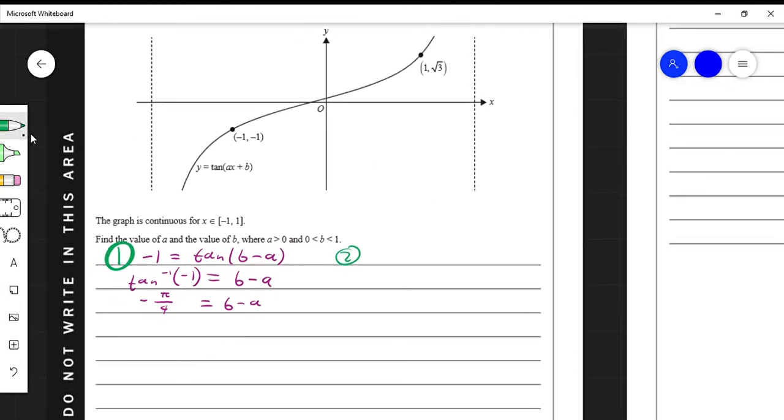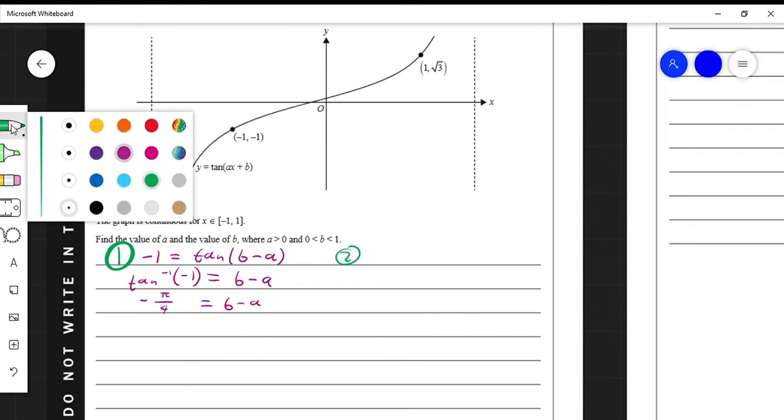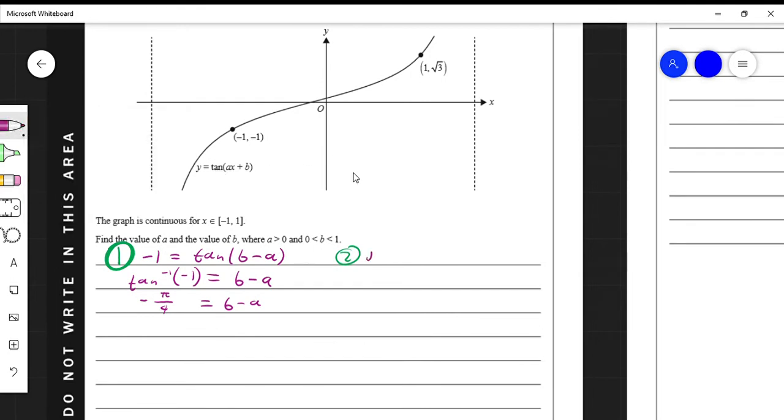So we've got our second point is 1, root 3. So we're going to put in root 3 equals tan of a plus b. And then do the same thing, take the inverse tangent of both sides. So we get tan inverse of root 3 equals a plus b. And then if you look at the triangle that we have, the 1, 2, root 3 triangle, tan is opposite over adjacent.